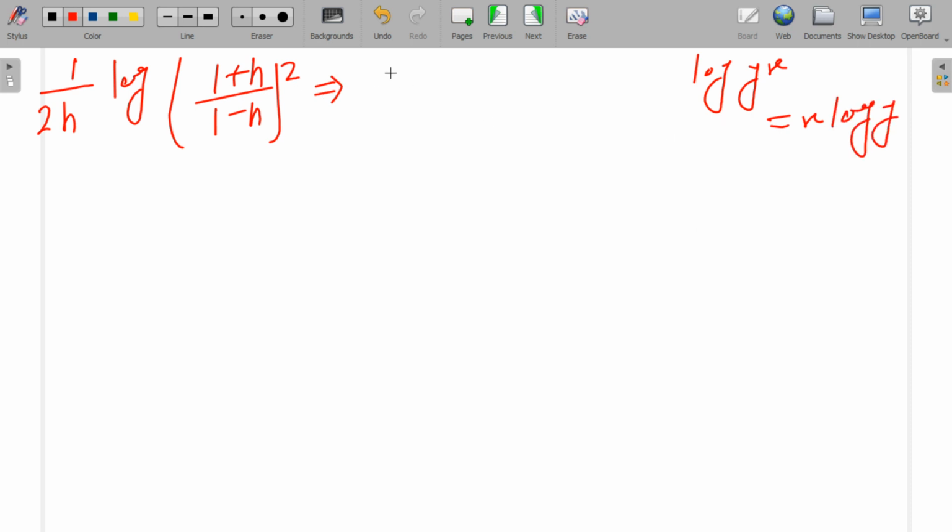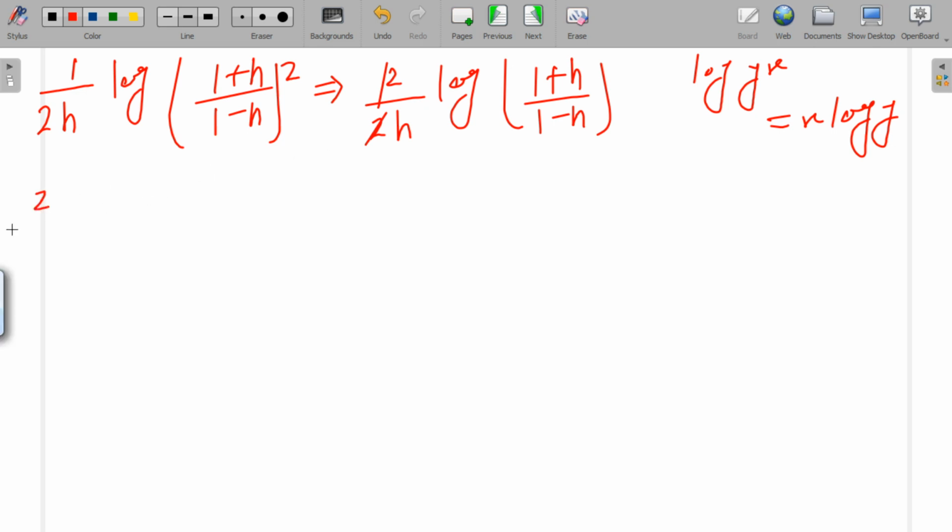This is equal to 2 upon 2h log of (1 plus h) divided by (1 minus h). Okay, this cancels out. Finally this is equal to 2 upon h log of (1 plus h) divided by (1 minus h).